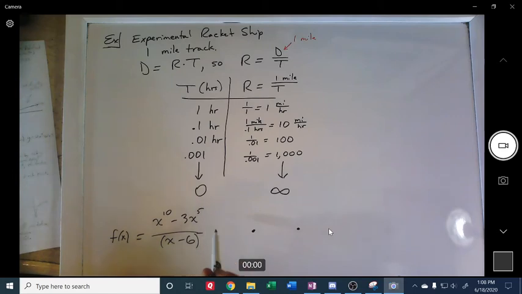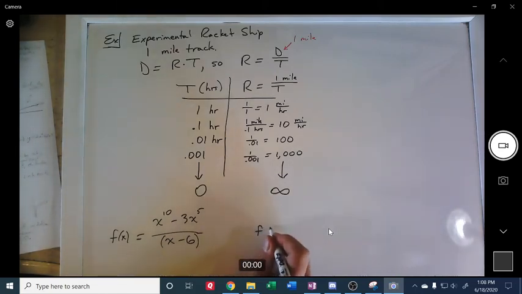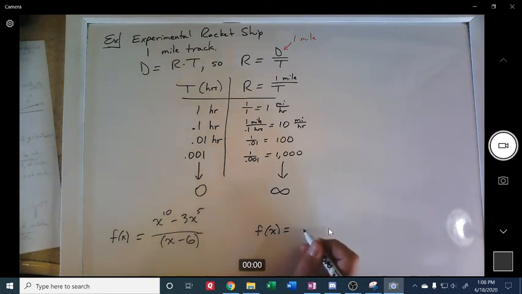And then this function still is going to blow up when x gets close to 6. The only exception to that, let me show you, is if this factor also shows up in the numerator.